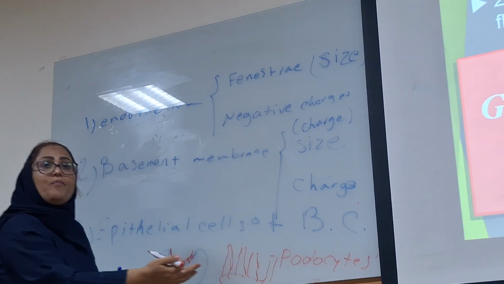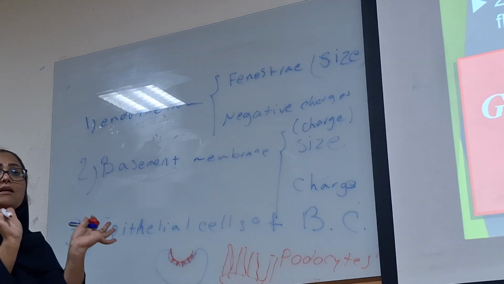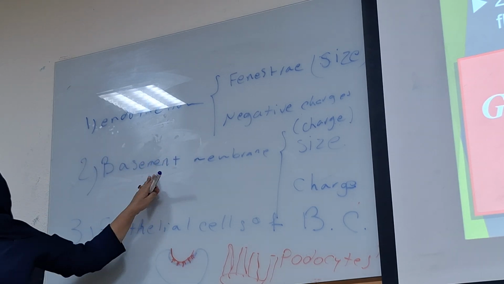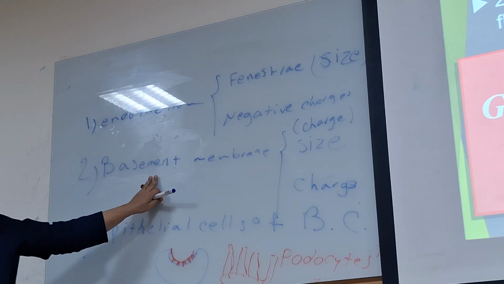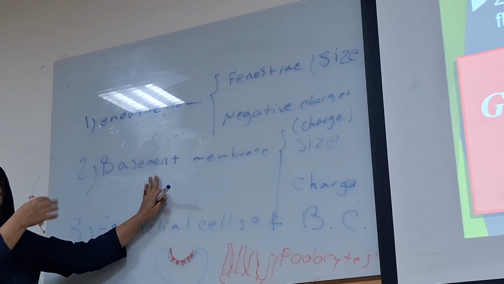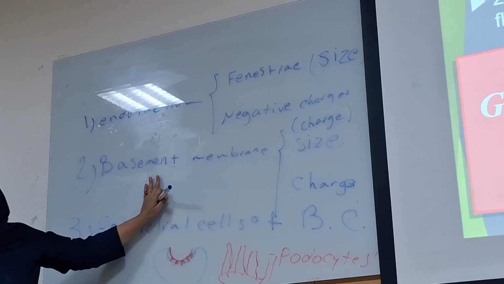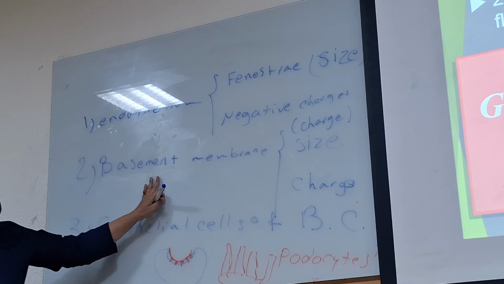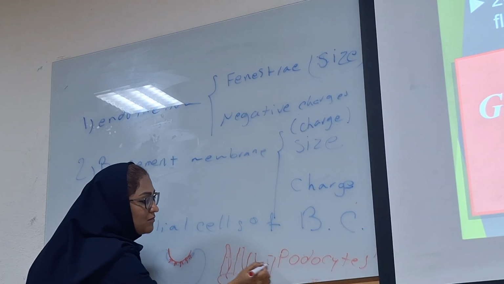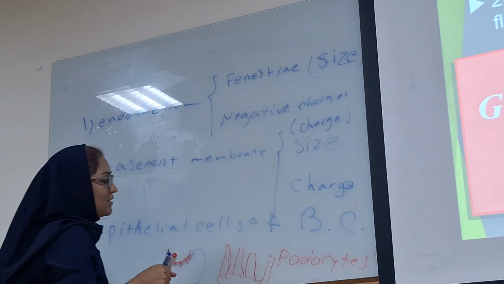Podocytes actually support the basement membrane, in a way that they separate based on size. Why? Because between these podocytes, there is a gap.